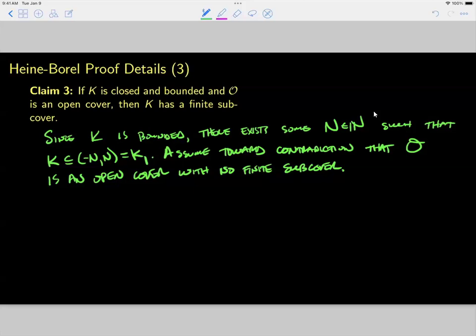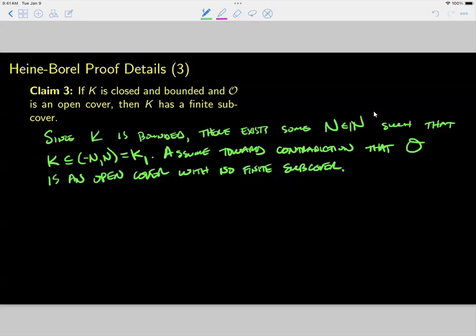The way I decide is to see whether the left half or the right half does not have a finite subcover. The whole thing doesn't have a finite subcover. Therefore, when I break it up into halves, one of those halves doesn't have a finite subcover.